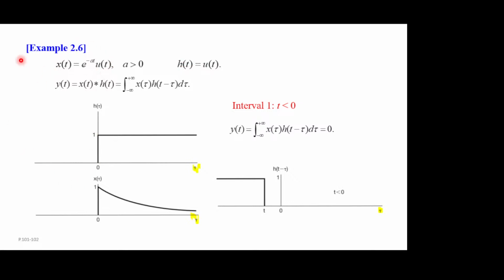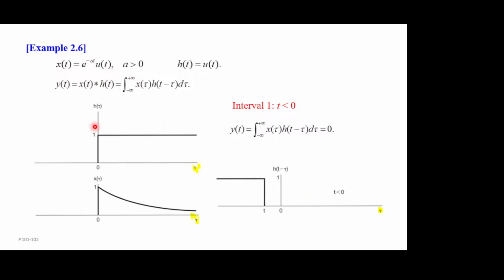For x of t, once again we like exponentials because they are easy to integrate: e to the minus at, a decaying exponential, times u of t, so it's cut off at t equals 0. Then we change to x of tau, which just looks like x of t except with tau. Then we need to have our h of t minus tau.